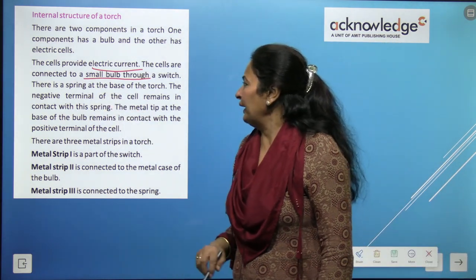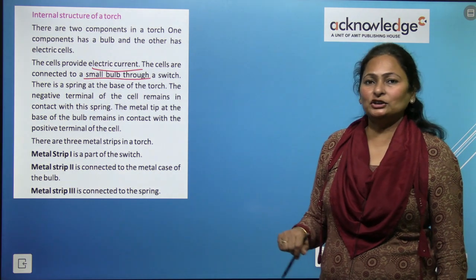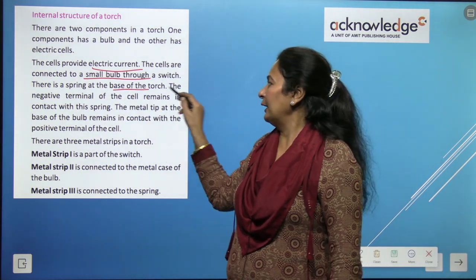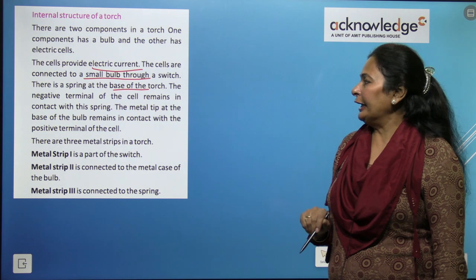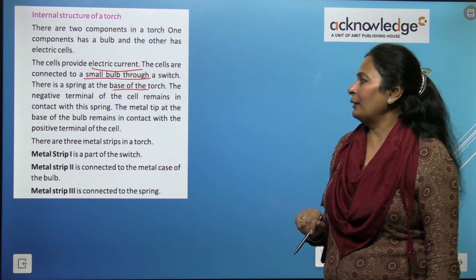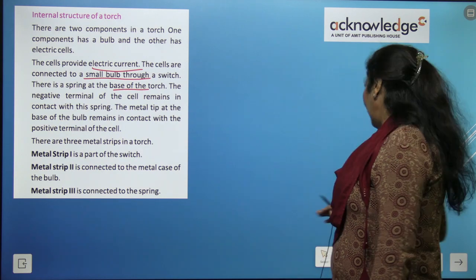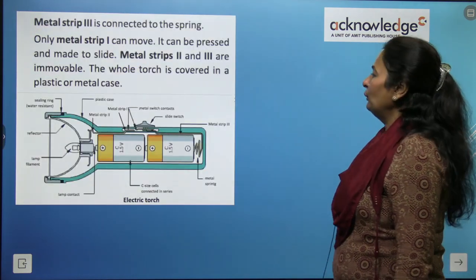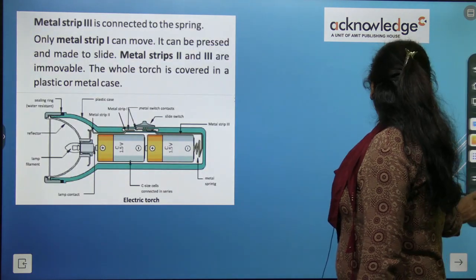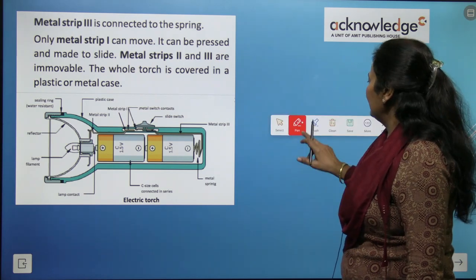So there is a spring at the base of the torch. We have seen it, the spring at the base of the torch. The negative terminal of the cell remains in contact with the spring. So there is an order in which you need to place the batteries, right?